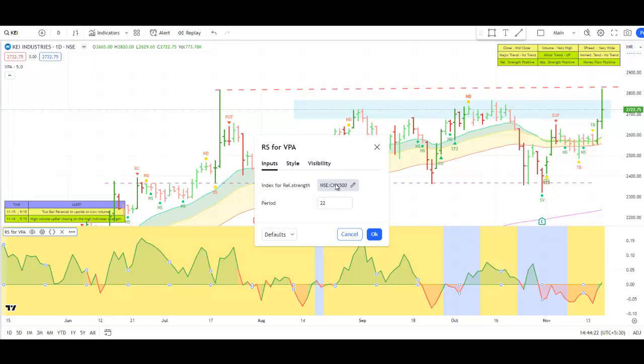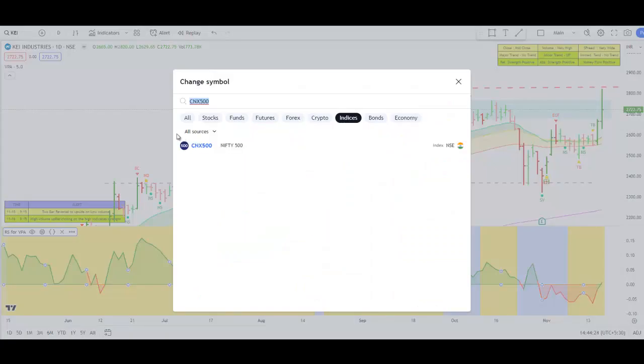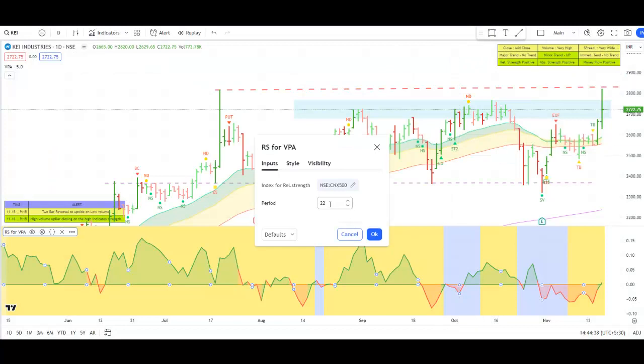To change the index, you just click here and you can choose any index, or you can go to any stock. If you want to compare it with a stock, that also you can do here. So you can choose as you want. And you can also change the period for calculation of the relative strength here.